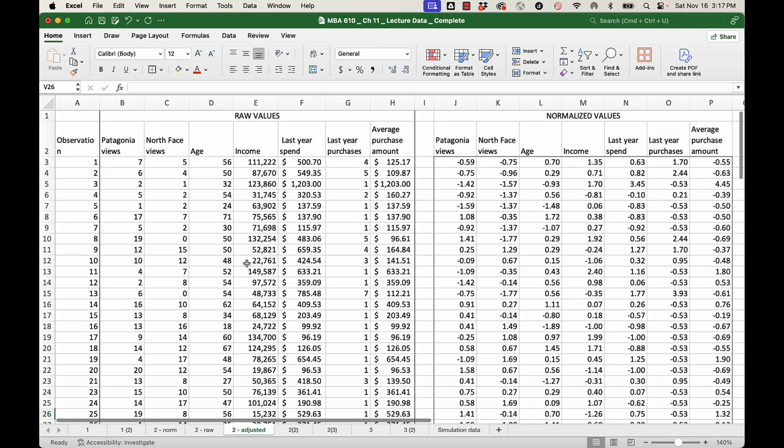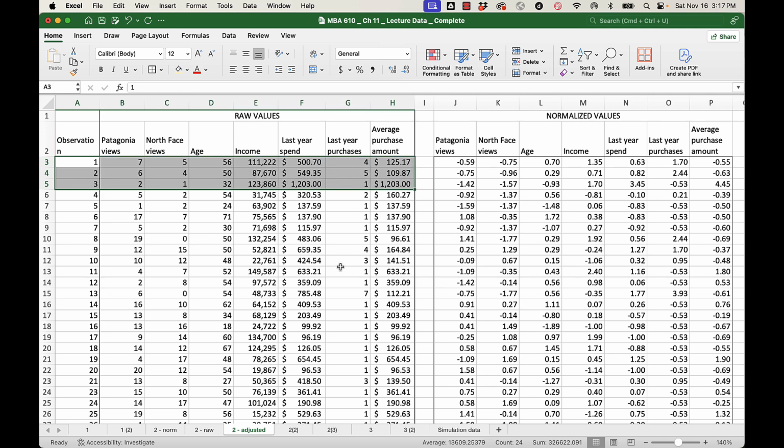So it reflects what we see in the raw data, which is that with regard to viewing behavior, 1 and 2 are more similar than either of them is to 3. When it comes to age, they're more similar with each other than either of them is to 3. With income, 1 and 3 have closer values. With last year's spending, 1 and 2 are more similar with each other than they are with 3. Same thing with last year purchases, same thing with average purchase amount.